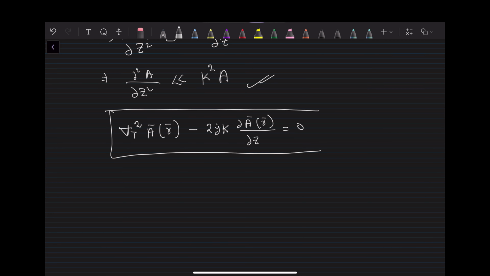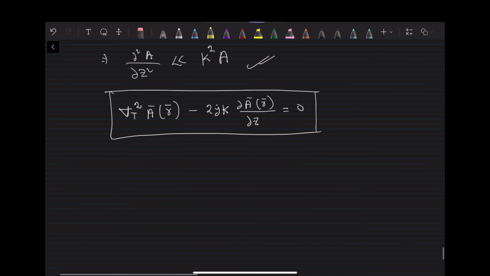This equation is very important, and this is called the paraxial Helmholtz equation.